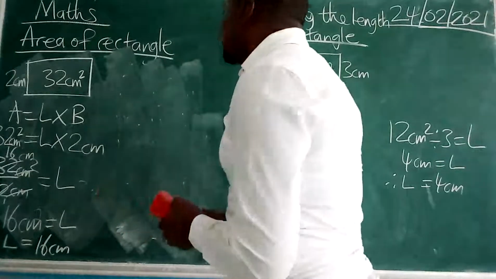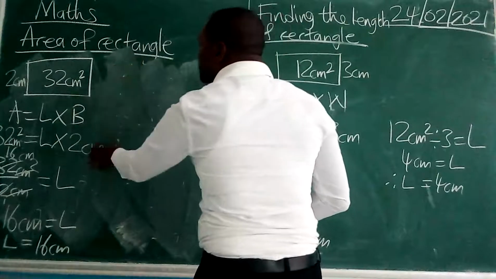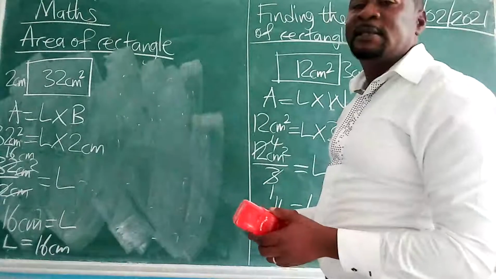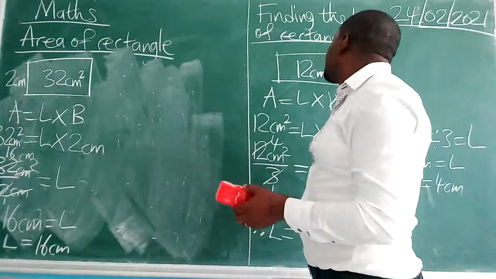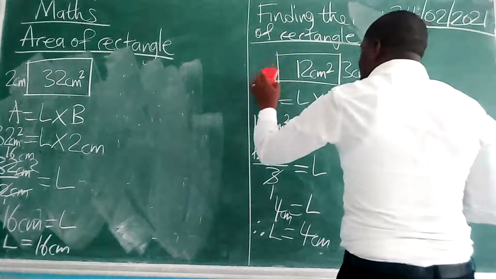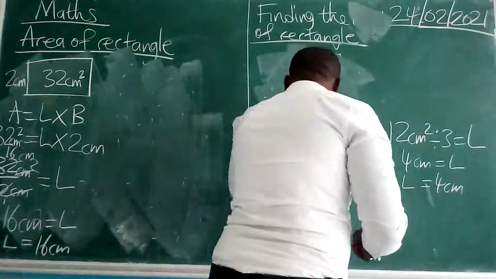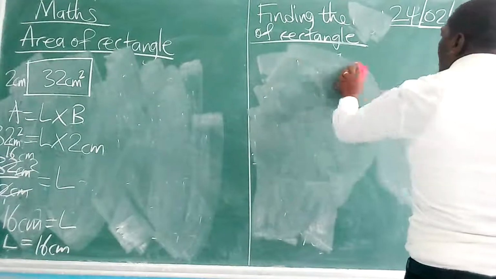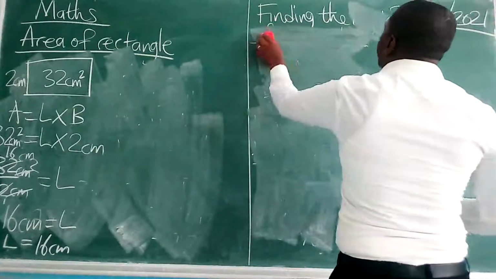Now let's continue by finding the width. Now we have found the length. We have learned how to find the length. So let's go to how to find the width or breadth.